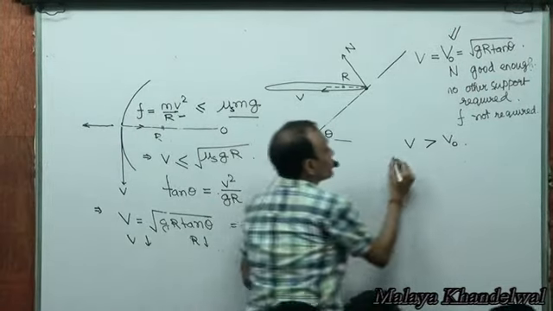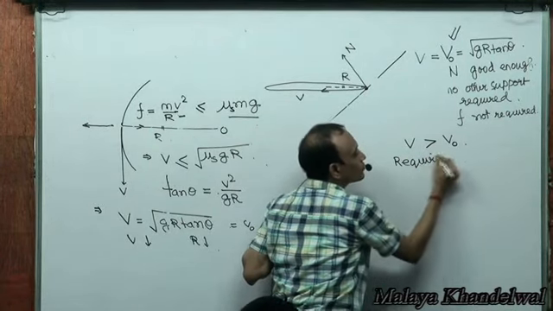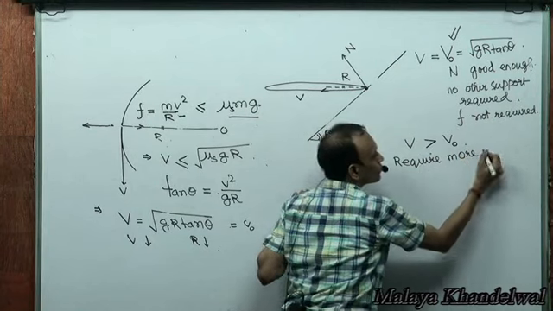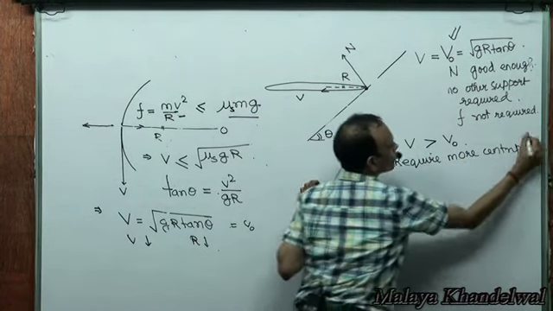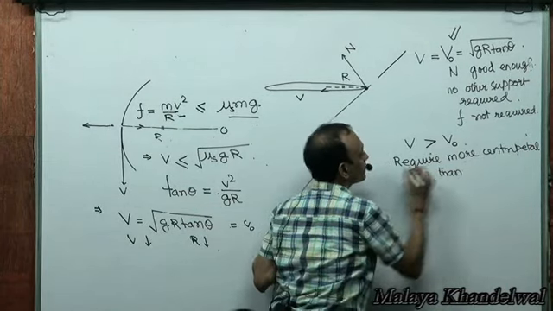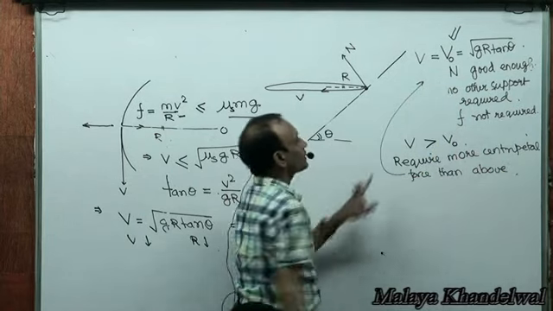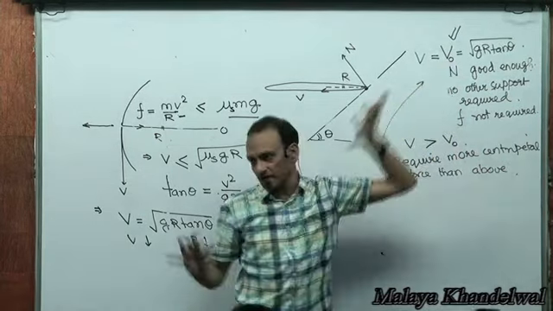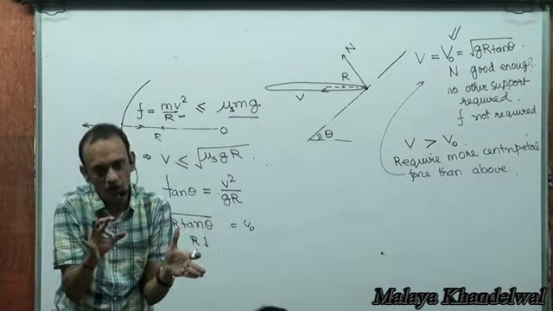That means you require greater centripetal force. If v becomes more than this v naught, then the centripetal force mv squared by r that you require will be larger. Yes or no?